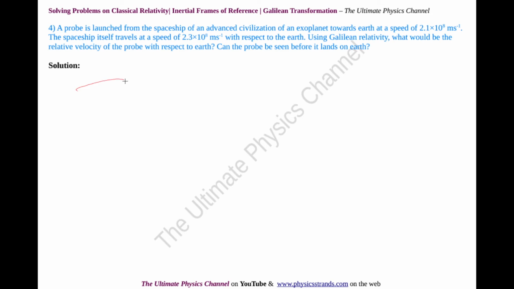So a spaceship, let's say, is trying to send a probe on nearing Earth. The speed of the probe is 2.1 × 10^8 meters per second, right?